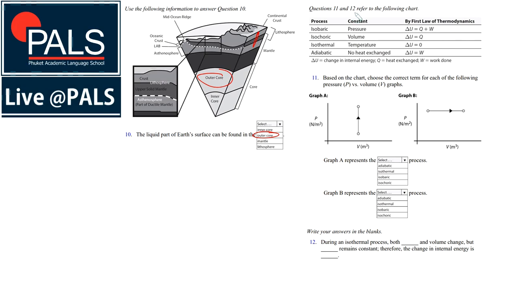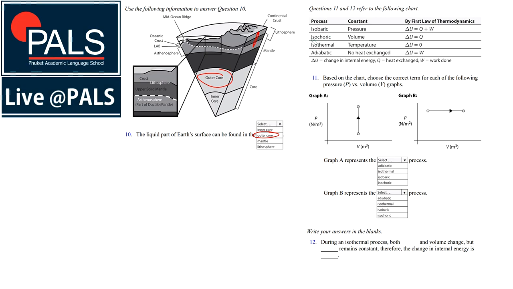Questions 11 and 12 refer to the following chart. We have the relationships of the first law of thermodynamics, where delta U is the change in internal energy, Q is heat exchange, and W is work done. And we get some information here about an isobaric process, when the pressure is constant.